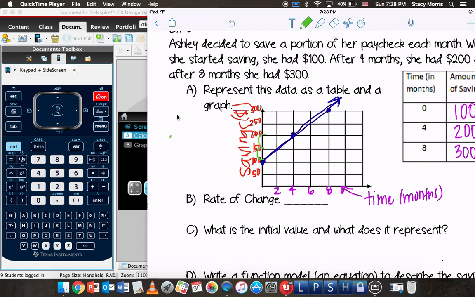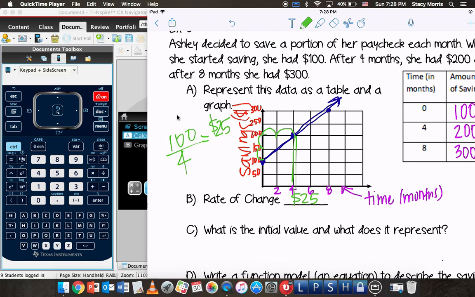So that's an increase of $100. The rise is 100. The run goes over to 4 months. This is 4 months, not 2 months. So $100 over 4 months is an increase of $25 per month. Every month she's increasing her savings by $25. So her rate of change is 25.